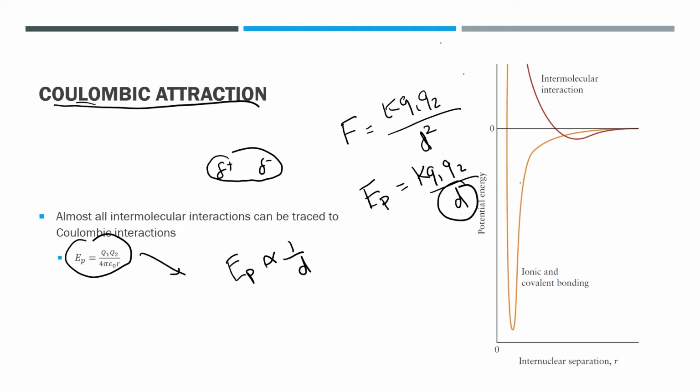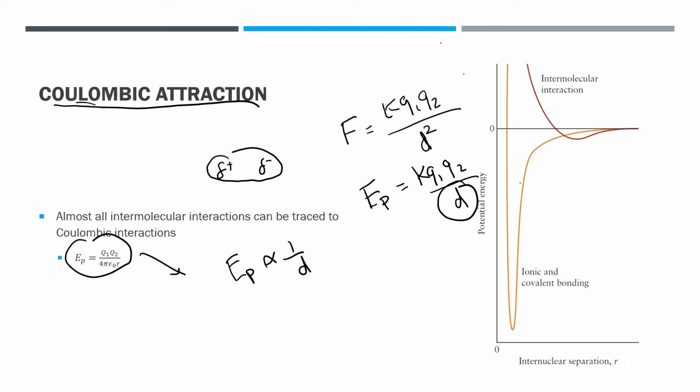That's our goal with the next slide: to look at all these different interactions and see how we can tweak this general Coulombic attraction for ions to describe dipole-dipole forces, dipole-induced dipole forces, all of these different intermolecular forces.